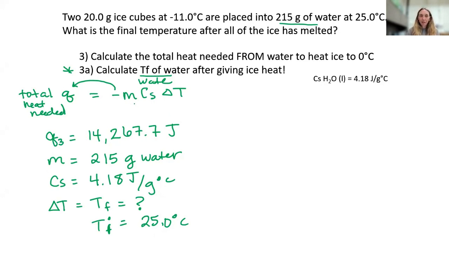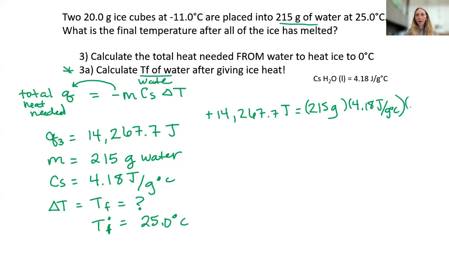So now let's put our numbers into this equation. So we have a positive heat that's needed. That's going to be 14,267.7 joules. Our mass of the water is 215 grams. We're going to multiply that by the specific heat. And we're going to multiply that by our temperature final minus our initial temperature. Okay, and we're going to solve for this TF value right here.